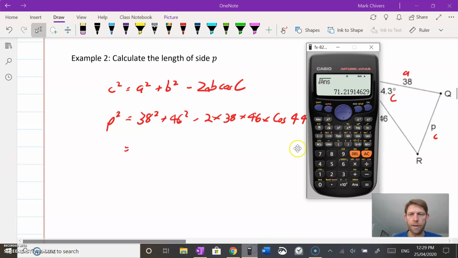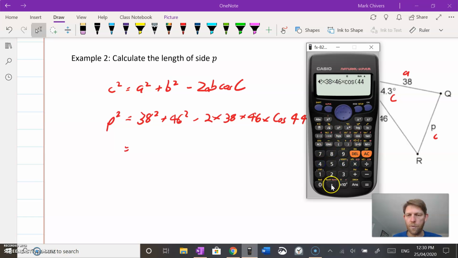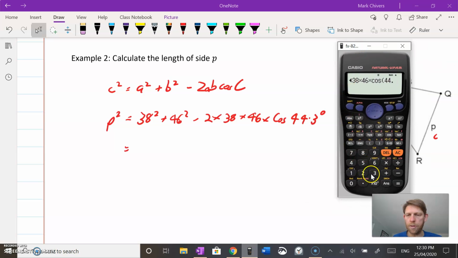It takes a little bit of a while to get into the calculator, but that's really not too difficult to do. So 46 squared minus 2 times 38 times 46 times cos 44.3 degrees. So we're going to get 1057.938.